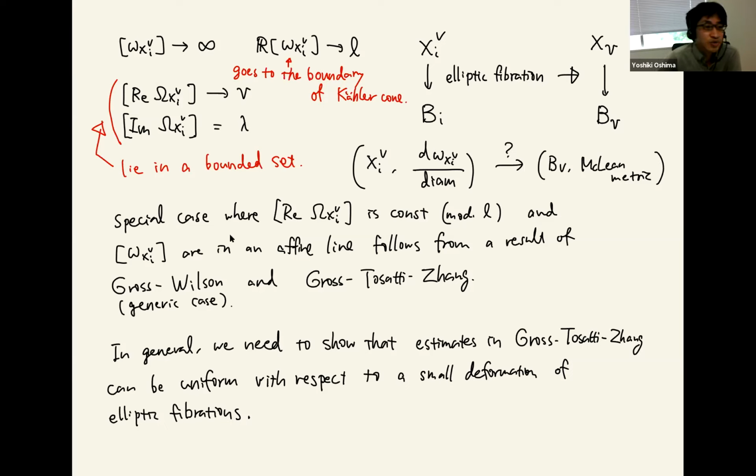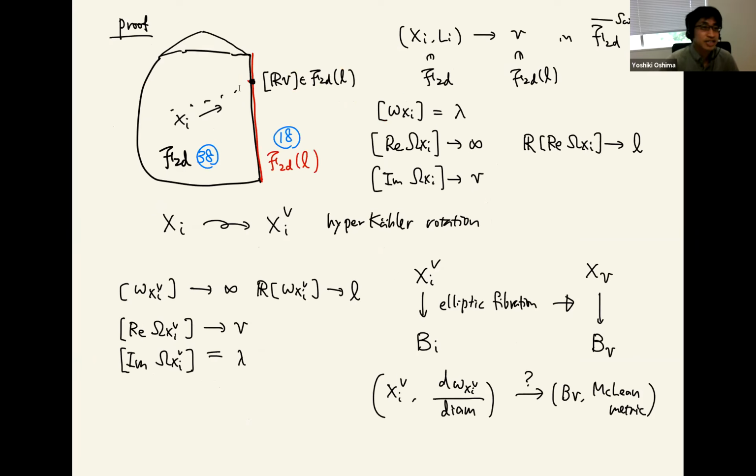There is a special case where the real part is constant modulo L, and the Kähler classes are in an affine line. So this means the sequence is on a fixed line, and also the direction of approach is in some 20-dimensional slice.